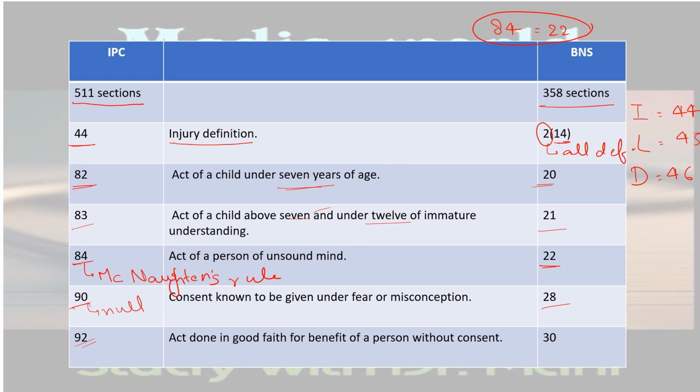Means in emergency situations, we don't need any consent. For good faith, for the benefit of a person or patient, we can do any procedure without any consent for emergency purposes. Now, how can we learn it? 84 is equal to 22. 84 plus 8, 22 plus 8, 30.